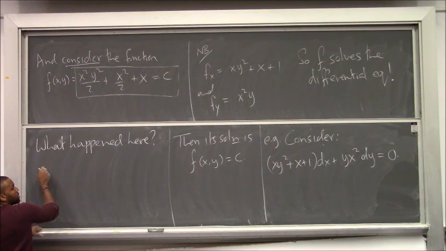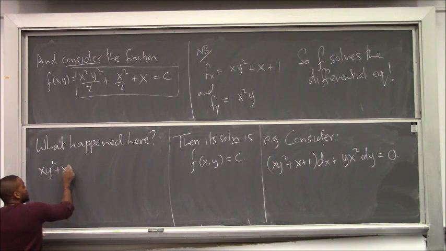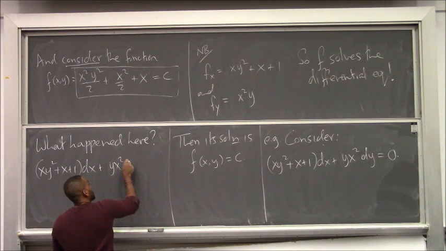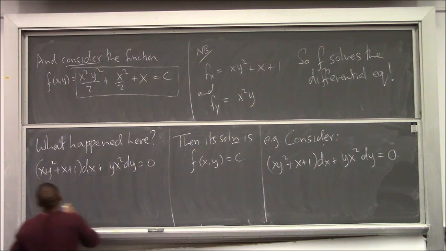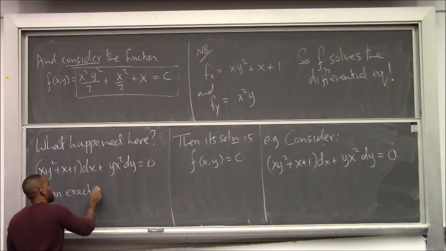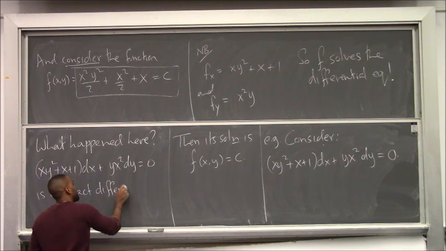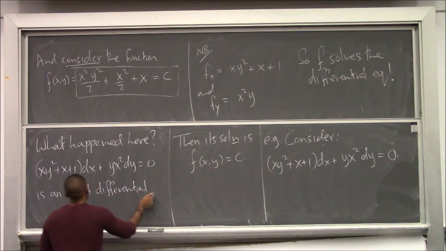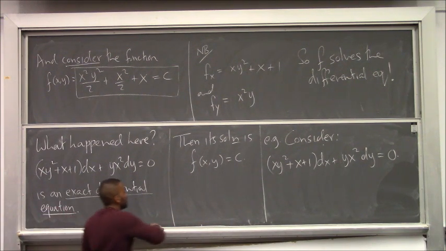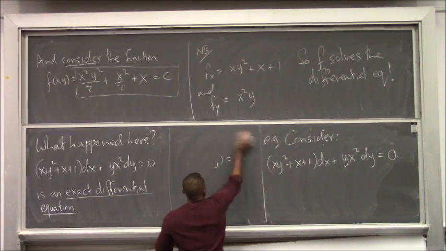So xy squared plus x plus 1 dx. Oh, it's like finding the scalar potential.